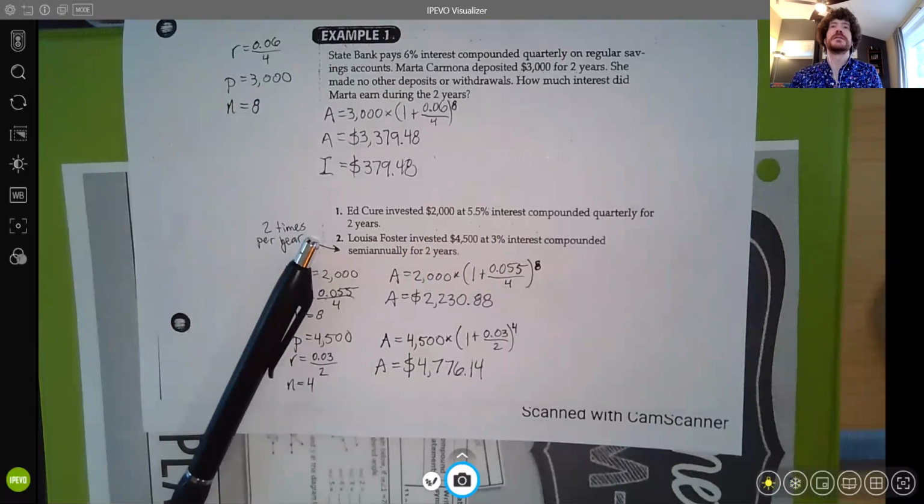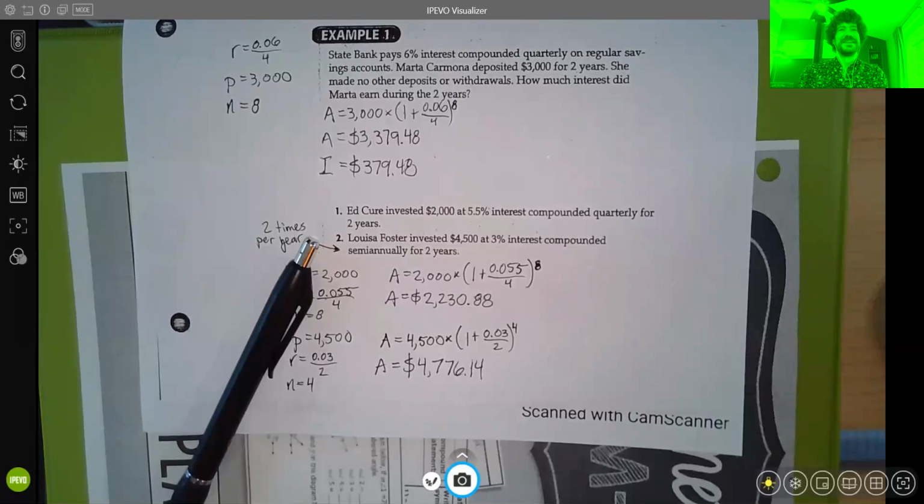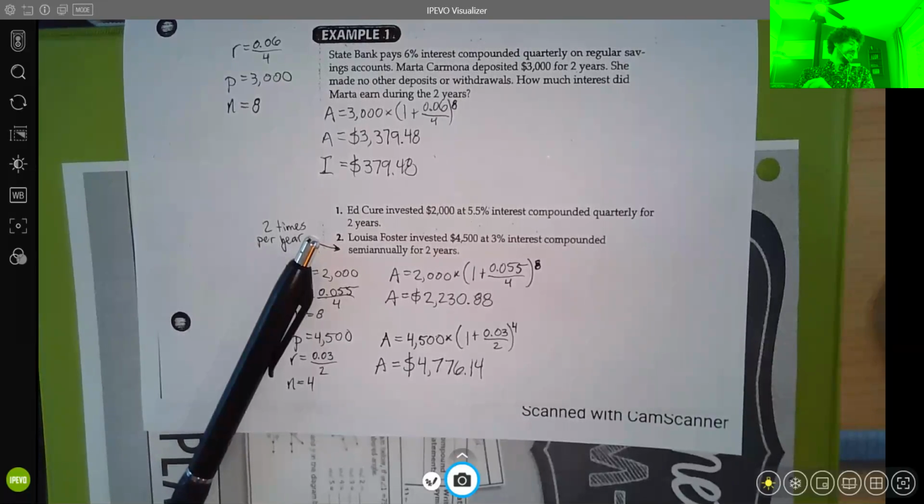And I feel like my computer might be automatically switching the screen share. If it's doing that, that'd be a little annoying. Cool. Okay, so 4,776.14 for that one there.